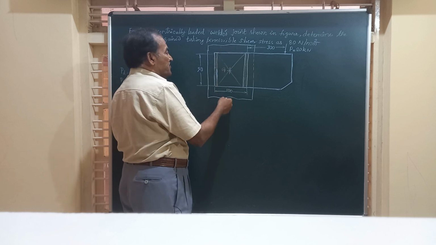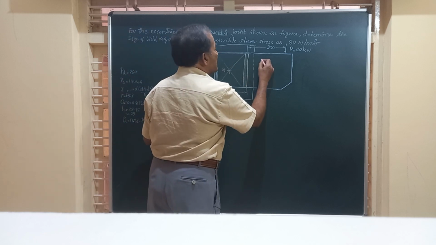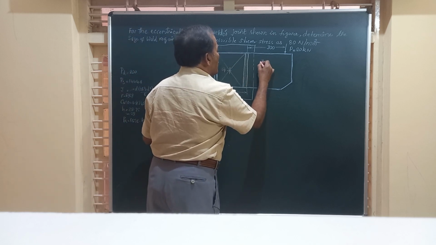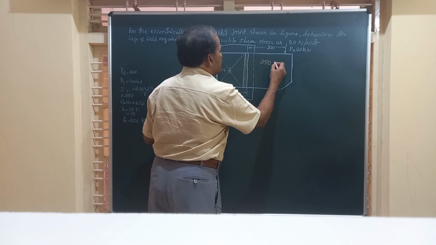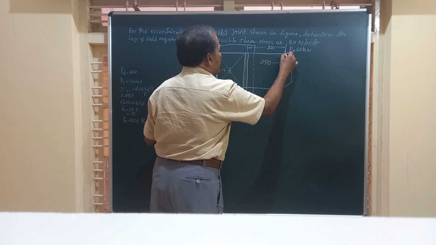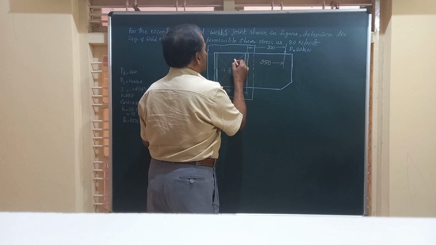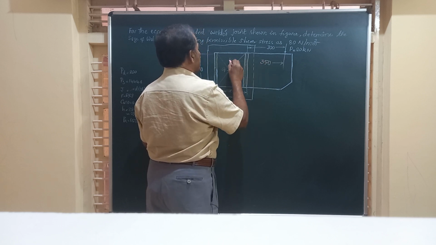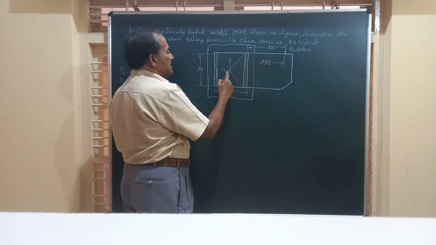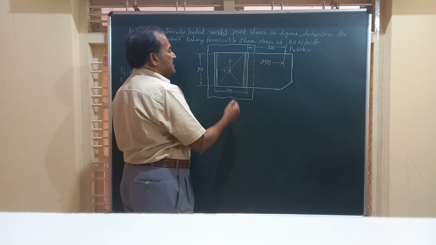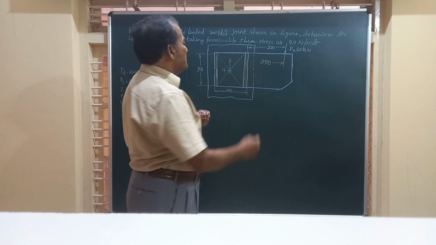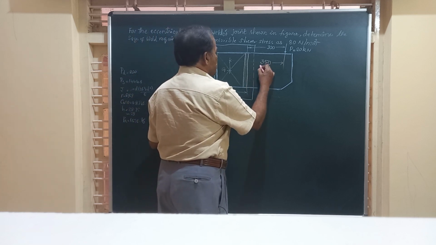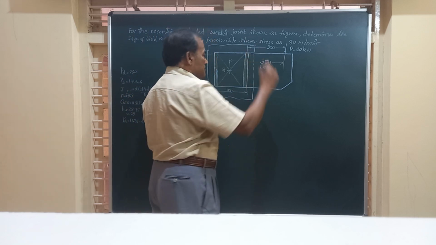This is the eccentricity, from the load axis to the center of gravity. So CG lies here and eccentricity is 350 millimeter. We call it small e.